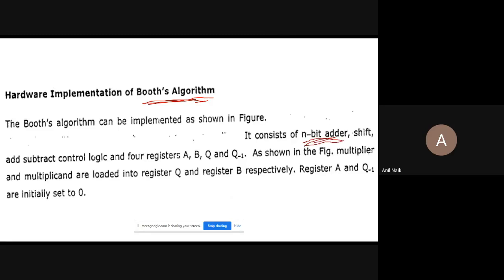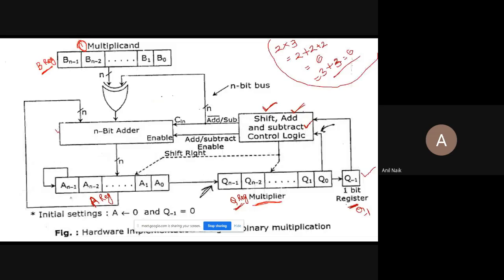Yes, n bit adder means to perform the operation. How it performs, you can see in the diagram. See here, this n bit adder receives the input from the multiplicand, and you will also receive data through this logic circuit.